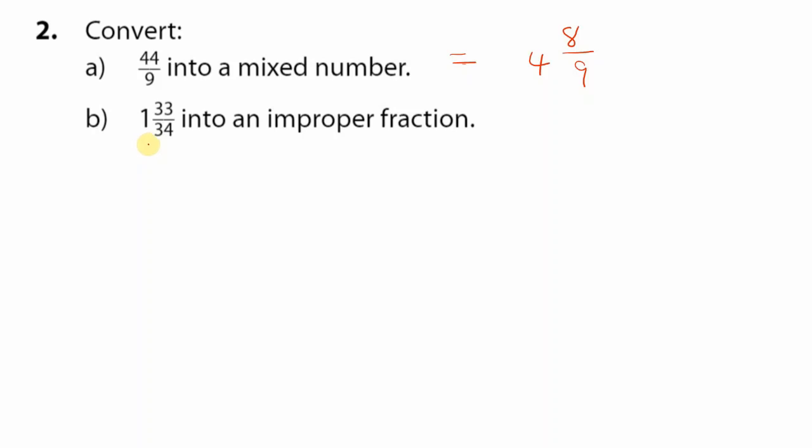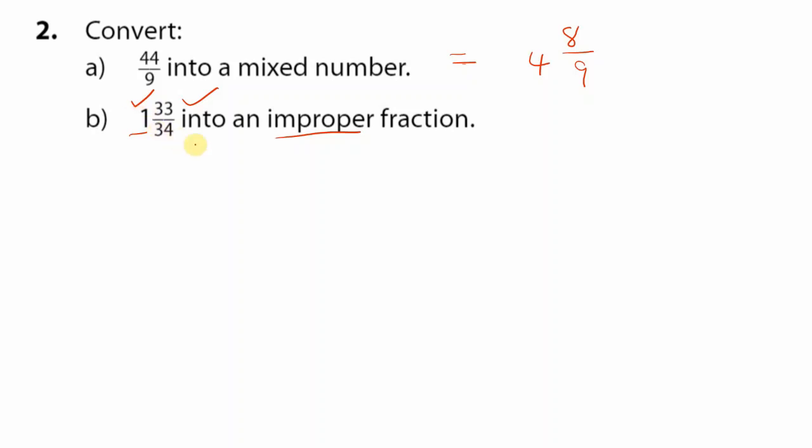So now for B, we need to convert 1 and 33 over 34 into an improper fraction. We see we have the mixed fraction, with the whole portion and the fraction. So here the strategy is you always take the bottom part, the denominator, and multiply it by the whole part.